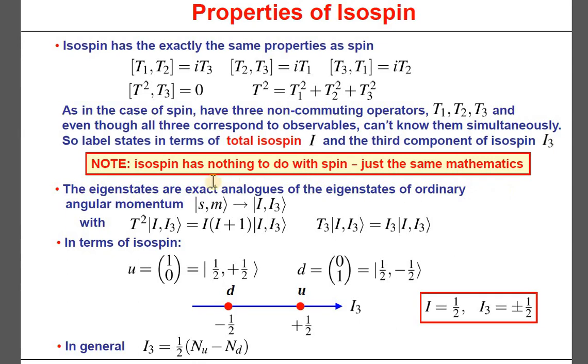And again, the eigenstates are exact analogues of the eigenstates of ordinary angular momentum. You see this analogy, and so I have written this analogy here like this. And here is a very interesting one-dimensional plot on the I3 axis, where I have shown the u and d quarks in terms of I3 assignment.